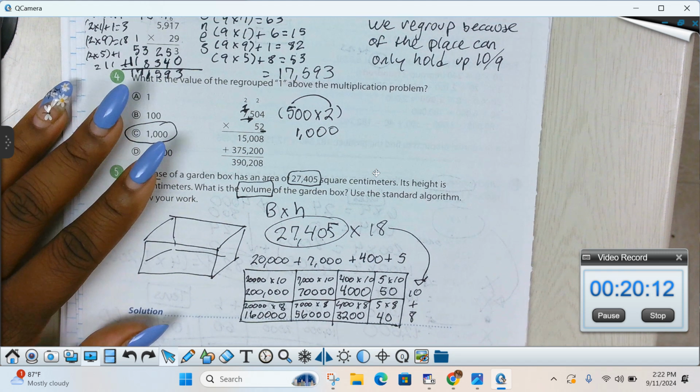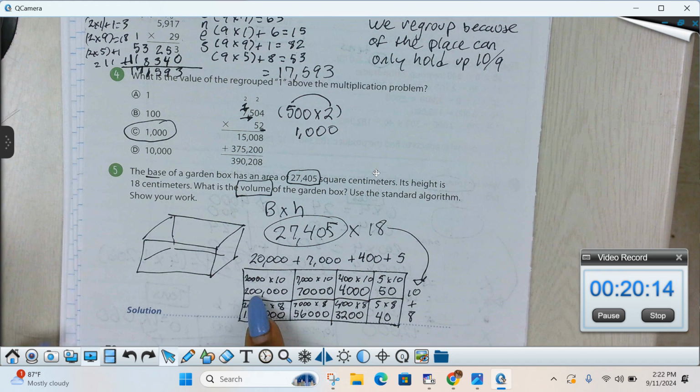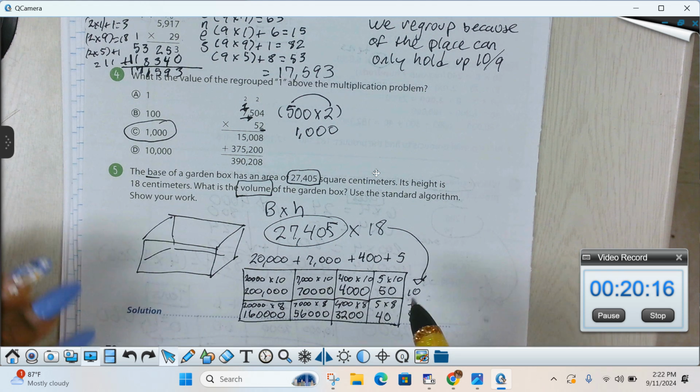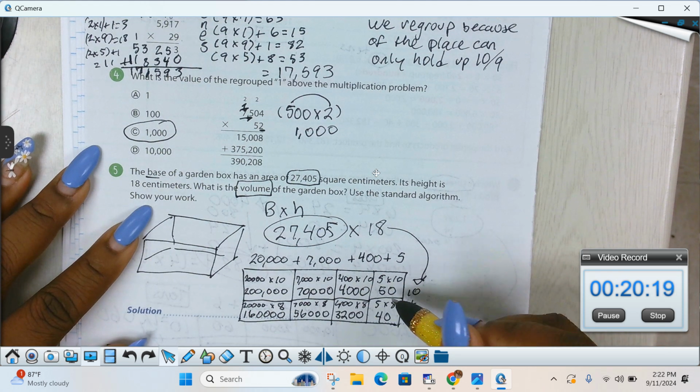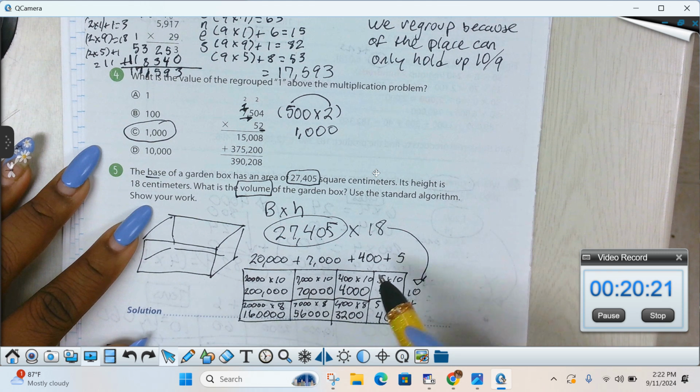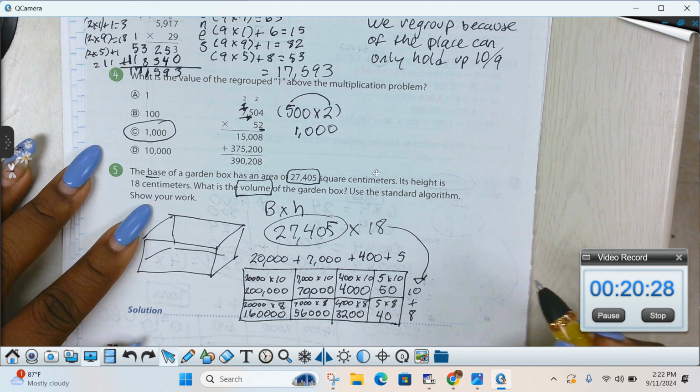Now, the shortcut I learned would be to combine all of these up. And that would give me 274,050.